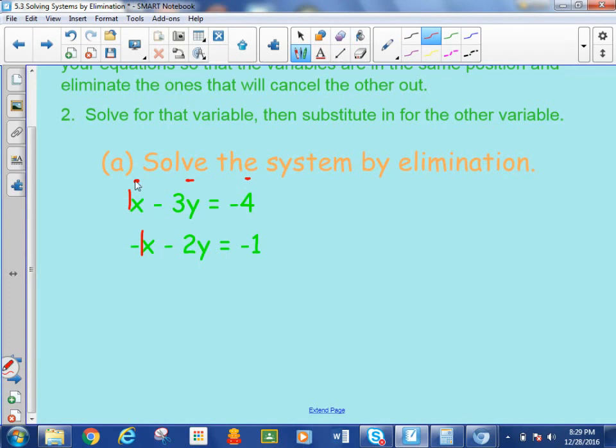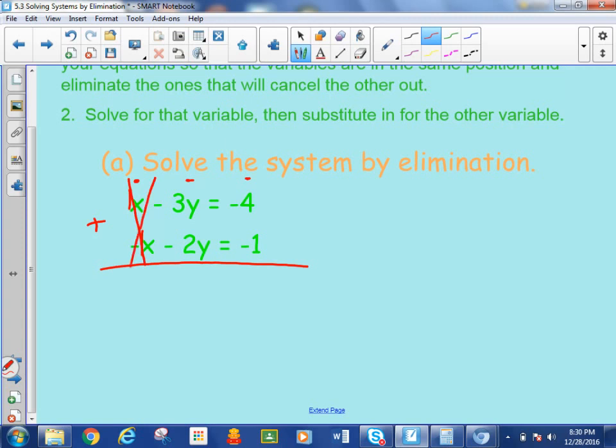Ultimately, what we're doing is instead of lining this up horizontally like we're used to when we work through algebraically, we're going to line them up vertically, and we're going to be adding these together. So when I look at these, I have 1x minus 1x. Well, 1 minus 1 would give me 0 x's, which cancel each other out.